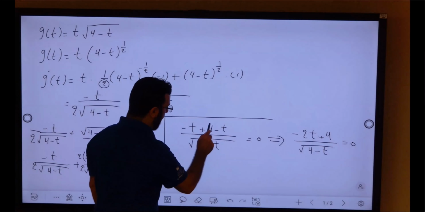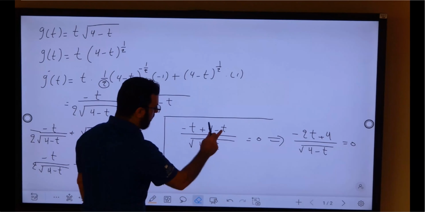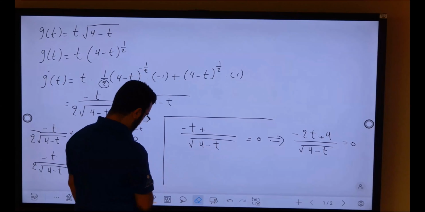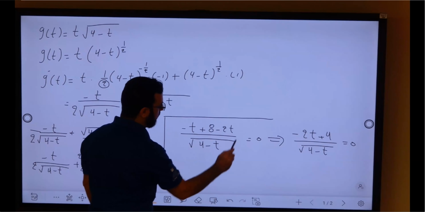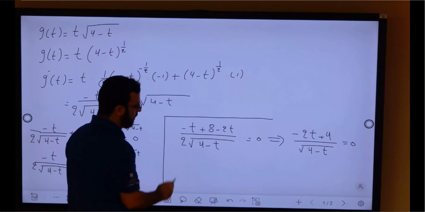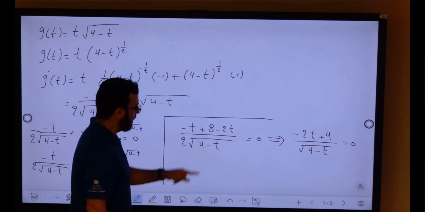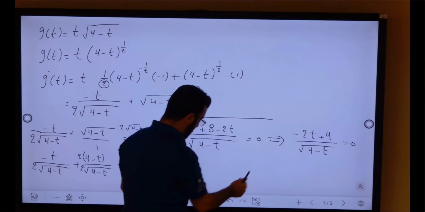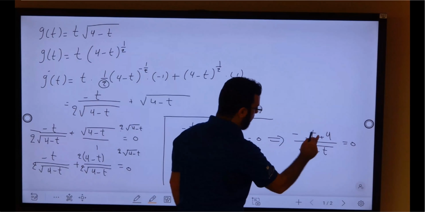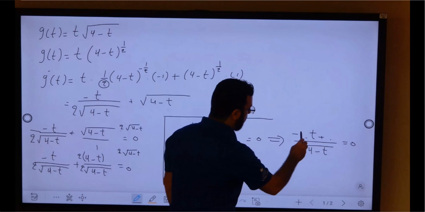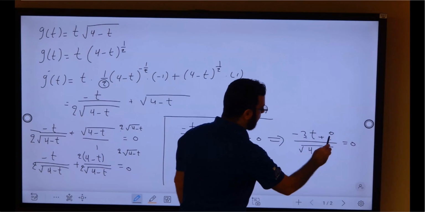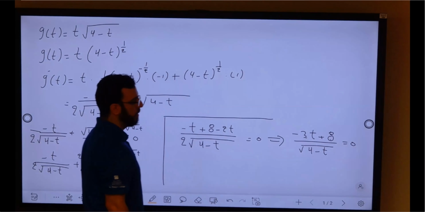That means 8 here plus 8 minus 2t. Now combine these. So it's going to be negative 3t here, plus 8.